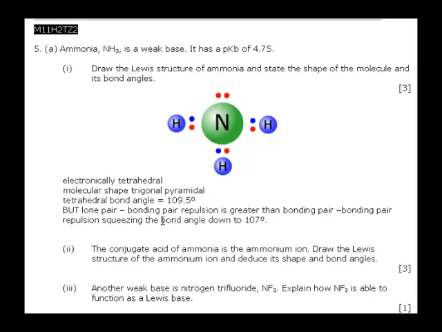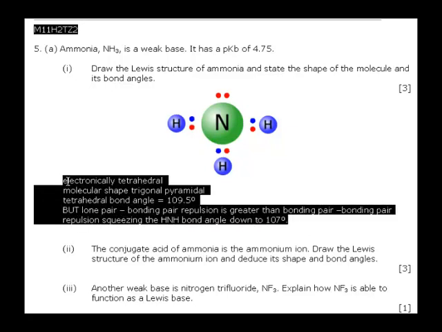I would specify the bond. There's only one bond angle here. It's the HNH bond angle, down to 107 degrees. So we've fulfilled the Lewis structure, we've stated the shape of the molecule and its bond angles.